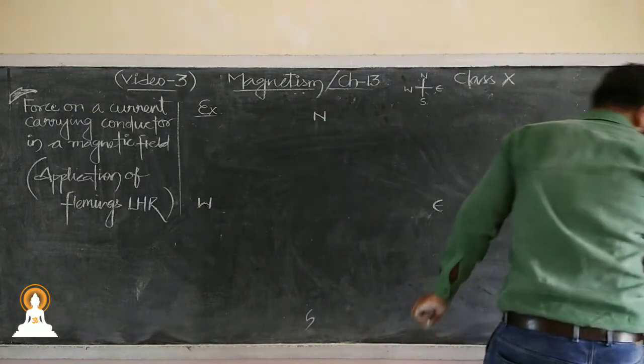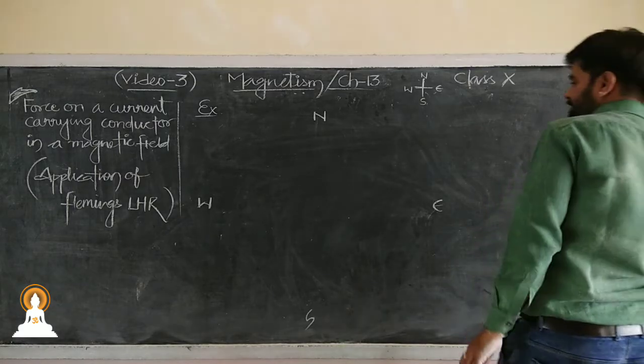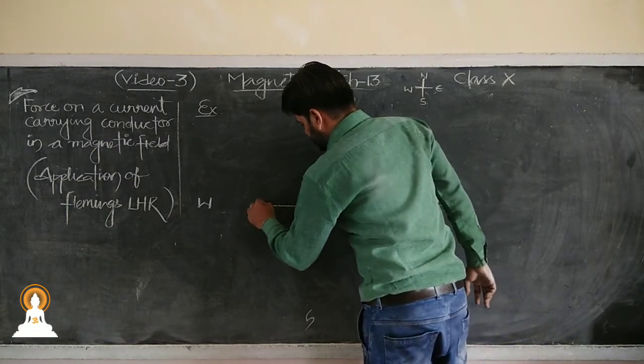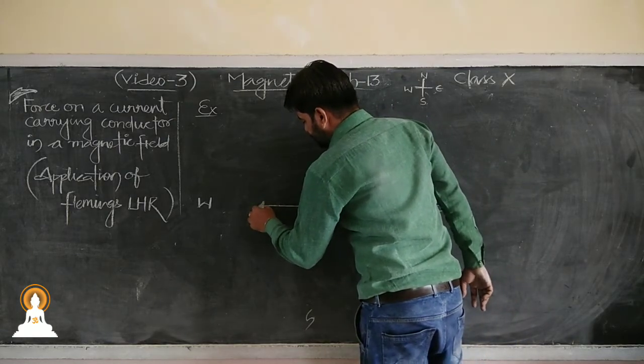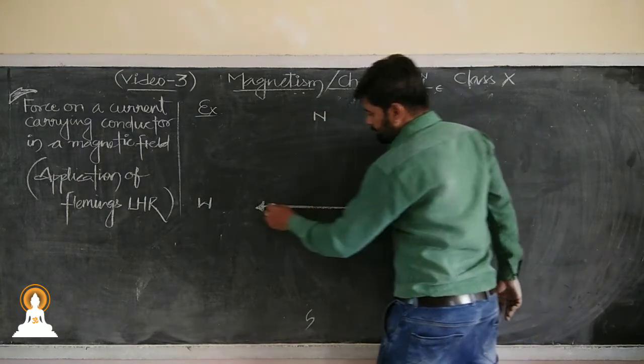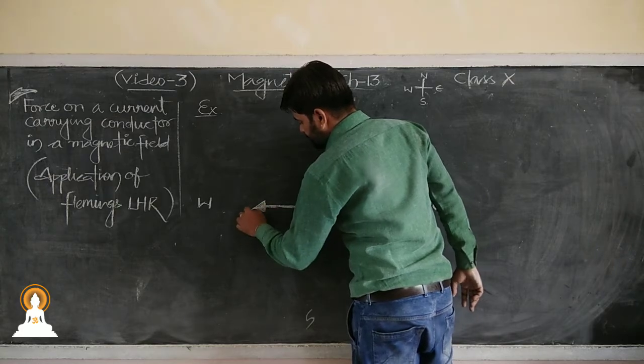A positively charged particle, an alpha particle, is projected towards west. A positively charged particle means the direction in which the positive charge is flowing is the direction of current.